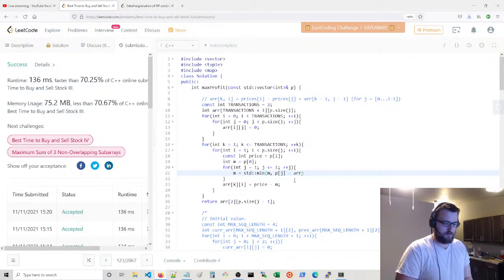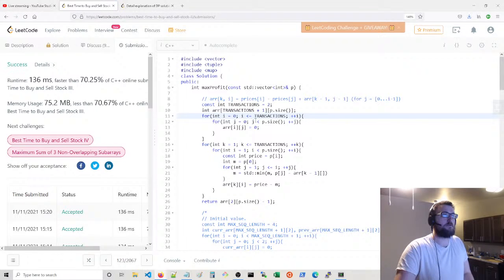Plus these previous values, k minus 1, and actually everything should be 0. Oh no, yeah. And we said j minus 1 here. Okay.